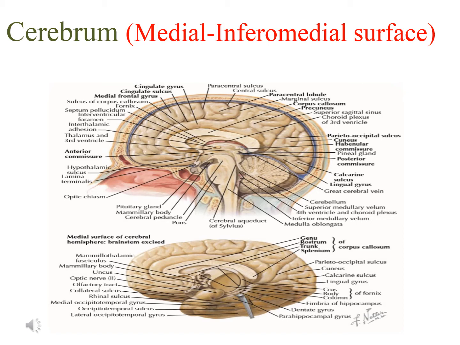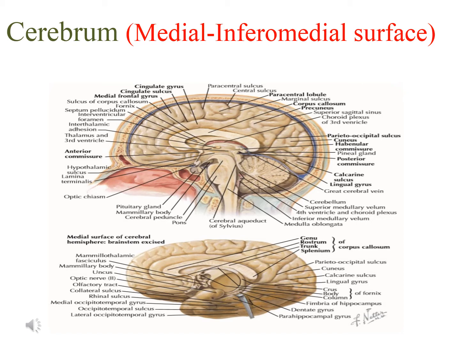Posteriorly, you can notice two sulci, the parieto-occipital sulcus, which separates the parietal lobe from the occipital lobe, and the calcarine sulcus, which is the site of area 17, the primary visual area.